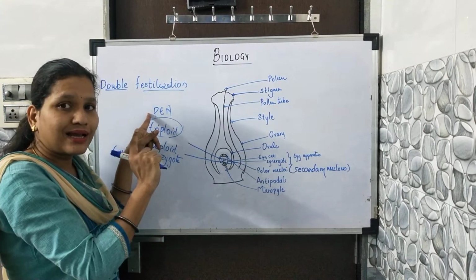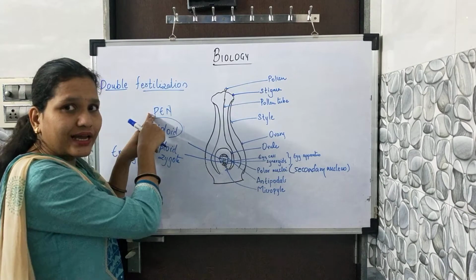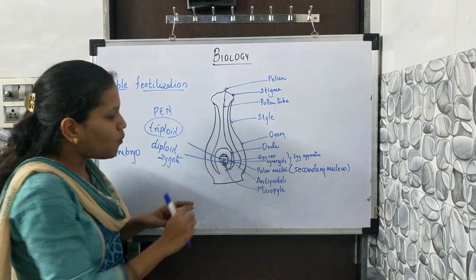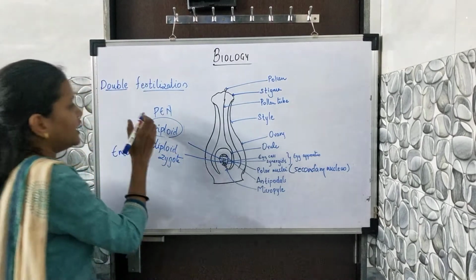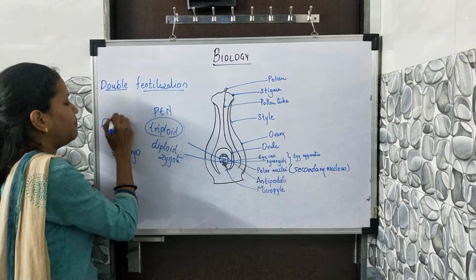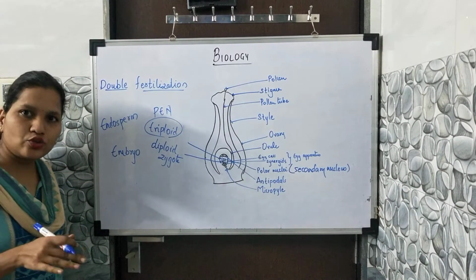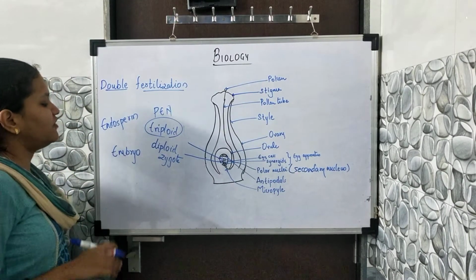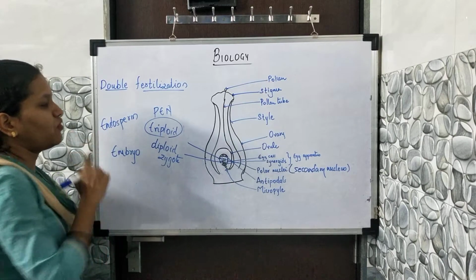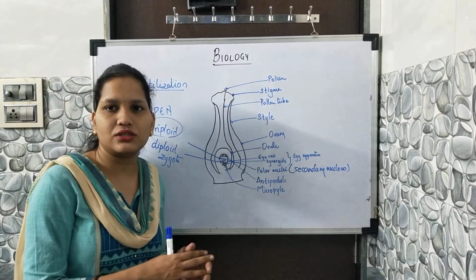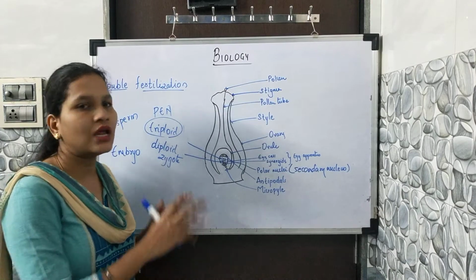Students, for 1 mark the full form comes, you have to learn it: primary endosperm nucleus. Now you can see that triple fusion has taken place. It means that it is going to form the part of the endosperm in the seed. Right, students? Now we have seen that the seed has formed the embryo, and it has also formed the endosperm. Successfully the double fertilization took place.